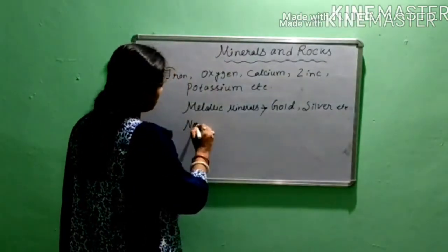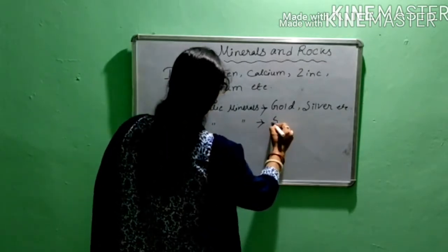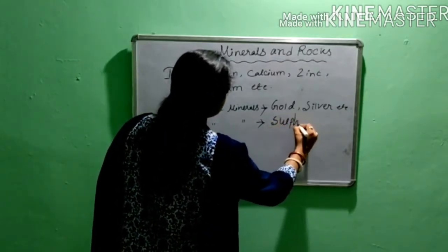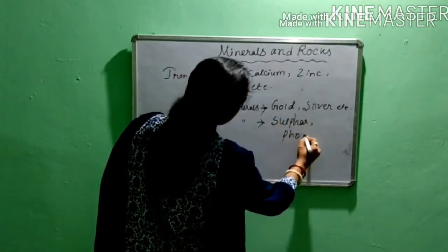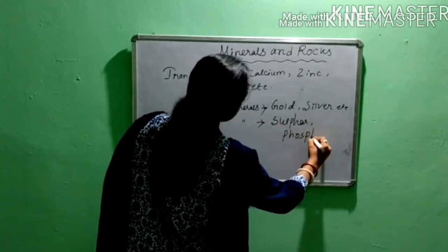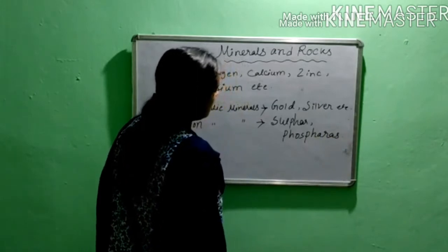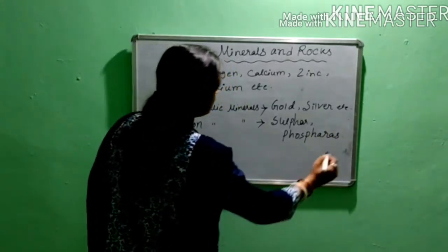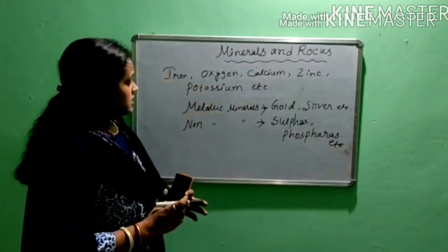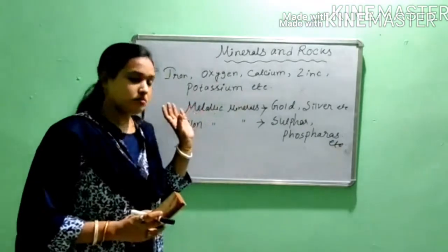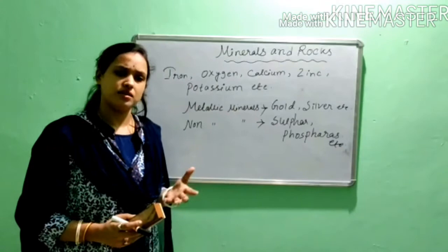Next we talk about non-metallic minerals, which are sulfur, phosphorus, etc. So these are examples of metallic minerals and non-metallic minerals which we find in our earth crust.